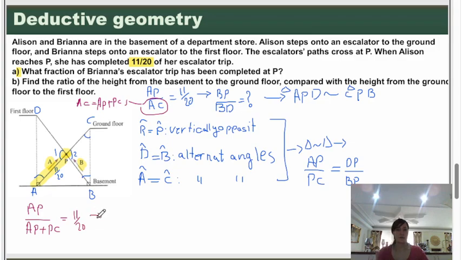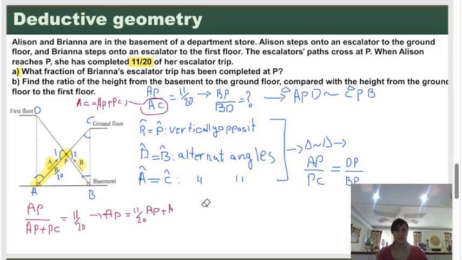Now I try cross multiplication. If I cross multiply, I will find 20 AP equals 11 AP plus 11 PC.